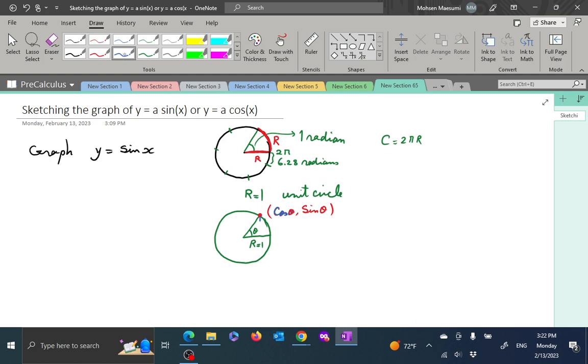If we drop a perpendicular and look at this adjacent, so let me draw a bigger picture here. This is the angle theta, this radius is equal to 1. This adjacent is cosine of theta, and the opposite is sine of theta.